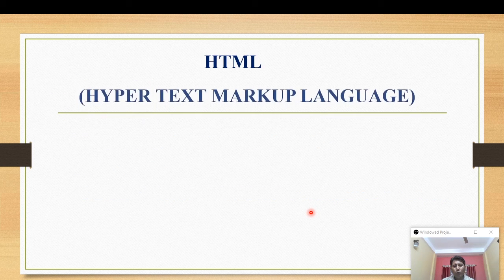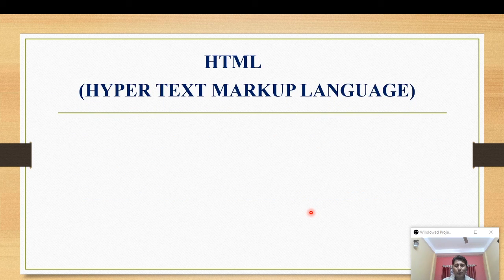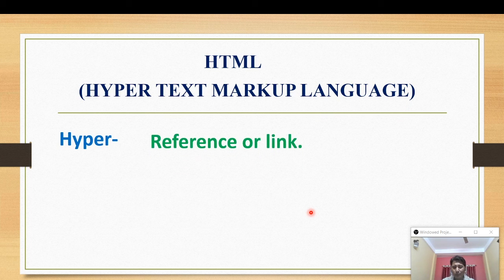Now the full form of HTML is Hypertext Markup Language, where hyper stands for reference or link, means movement from one web page to another web page in a same website, or from one web page to another web page in a different website. We can call it as a reference or a link. Now text.